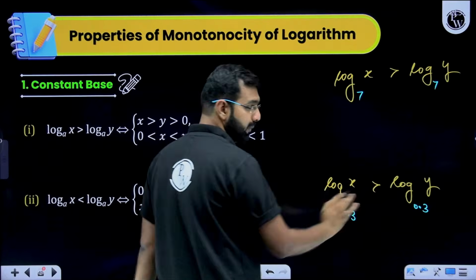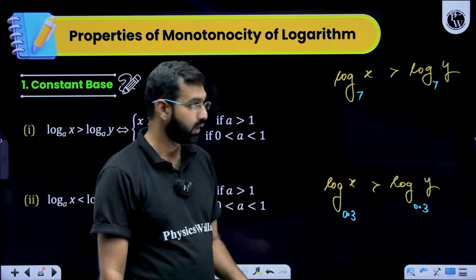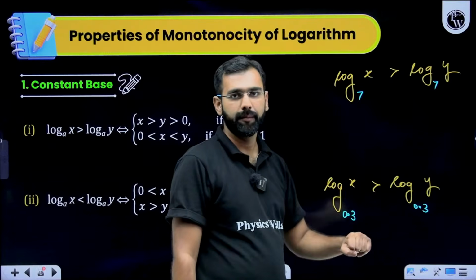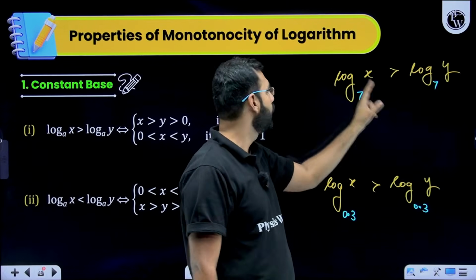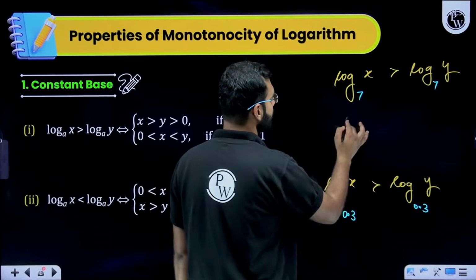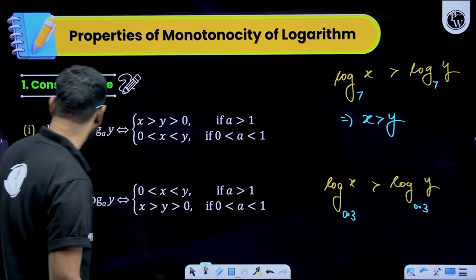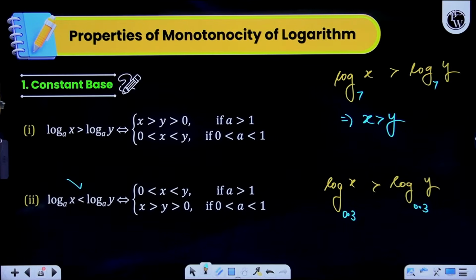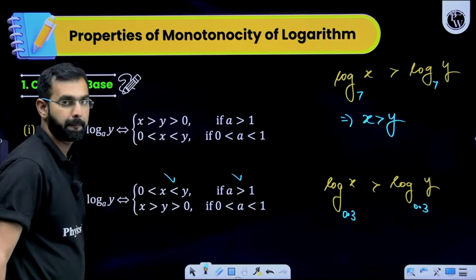First of all, the base should be the same on both sides. When the base is greater than 1, the sign between the logs is the same sign between x and y. So if log x is less than log y, x will be less than y if the base is greater than 1.